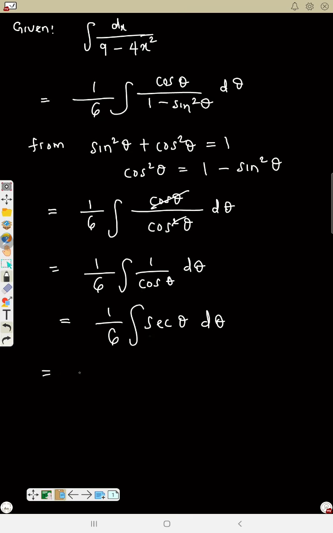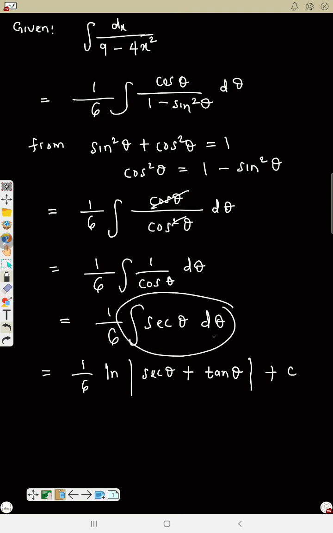And I've seen it now, so I'll have 1 over 6 ln sec theta plus tan theta plus c. Why? Because I have to integrate this now to get this. So that's how we get that result.